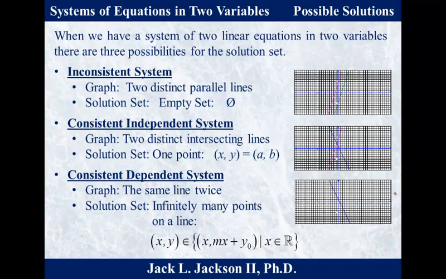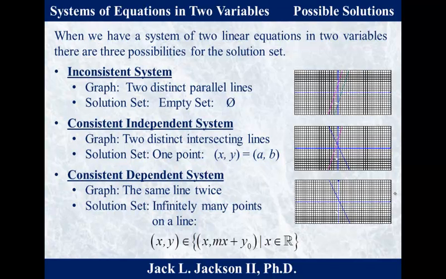We'll write our answer as the ordered pair (x, y) equals some specific ordered pair, like (x, y) = (3, 4), or (x, y) = (a, b) for some specific a and b. We can also have a consistent dependent system, and for the graph it's the same line twice.